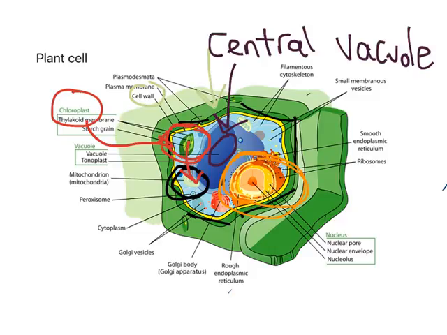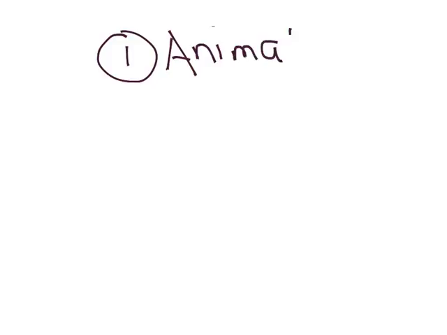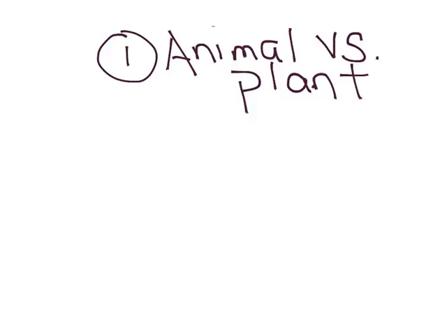That's really everything that you'll need to know about cell organelles this chapter. So we talked about the difference between plant and animal cells. So again, the three things that we're looking for are the shape, we're looking for chloroplasts, and we're looking for that really big central vacuole.